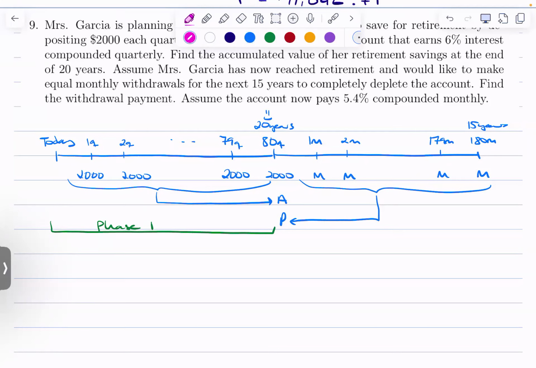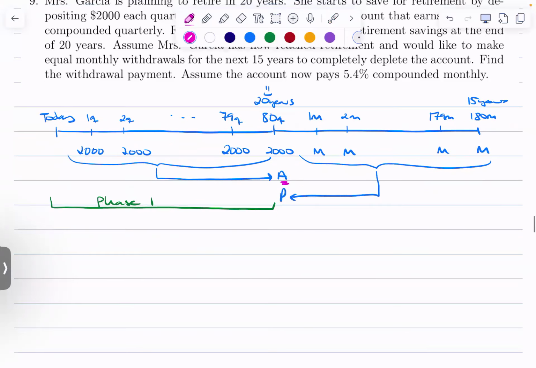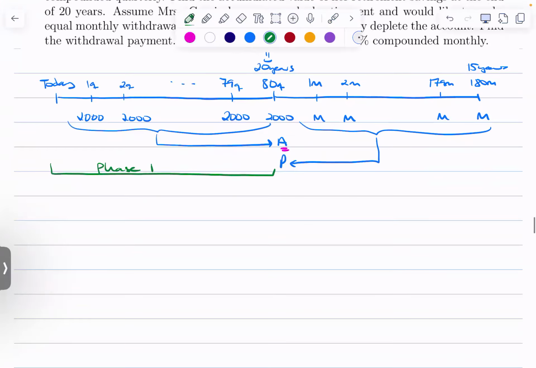But that's that trick that we learned where we said, okay, well, first phase one, I'm going to solve for A, right? Then for phase two, this A turns into my P, and I want to solve for M, right?